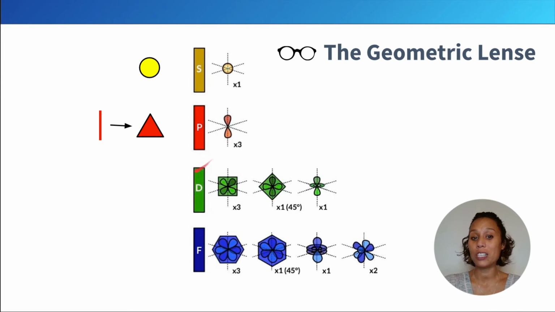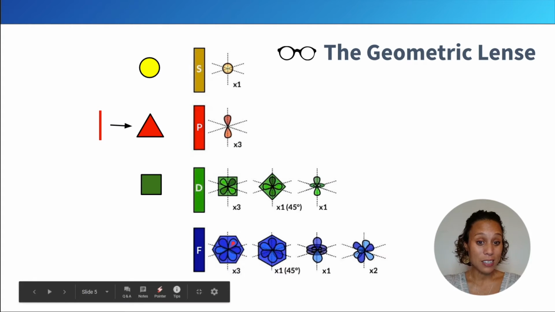Now with the d orbitals, you already see we have these orbital lobes, and they form the symmetry of a square. There are 3 of those, one at 45 degrees, and there's another one. For simplification purposes, we're not going into these now; we just call them d orbitals, which can be represented as a square.